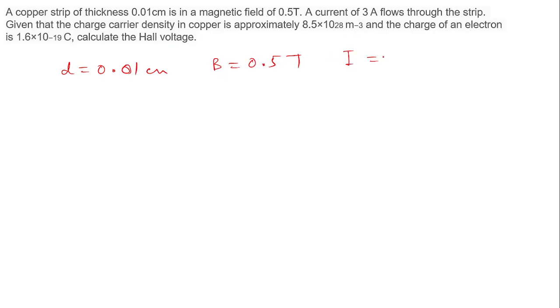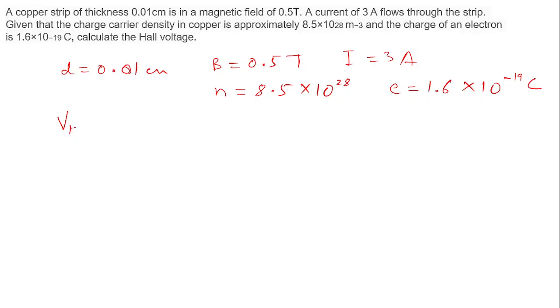A current of 3 ampere flows in that strip. Given that the charge carrier density in copper is 8.5 times 10 to the power 28 per m cubed, and the charge of electron is 1.6 times 10 to the power minus 19 coulomb.